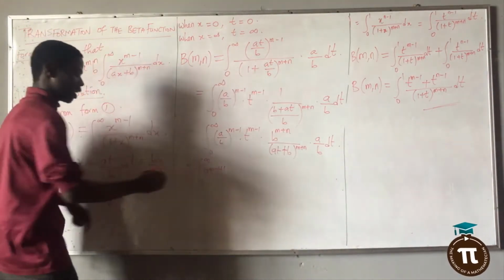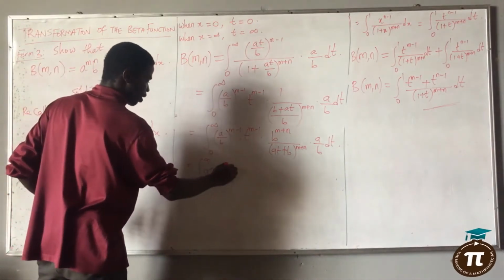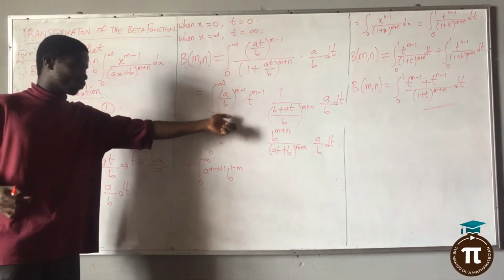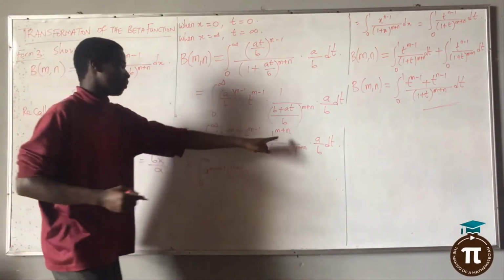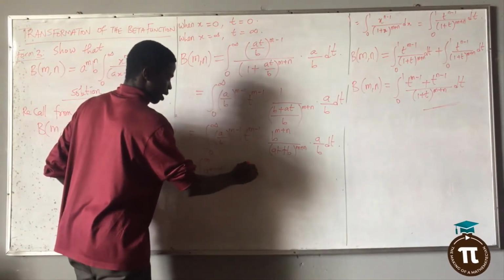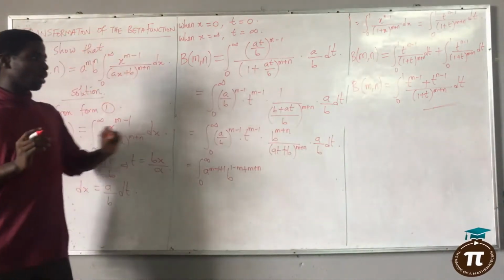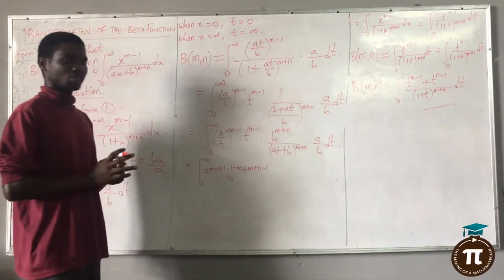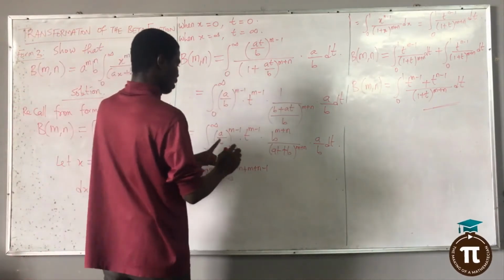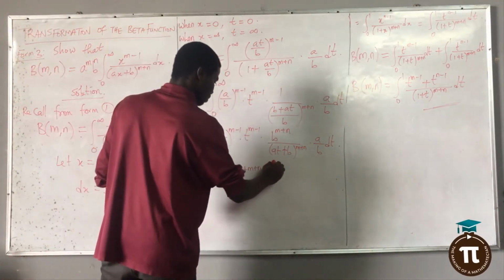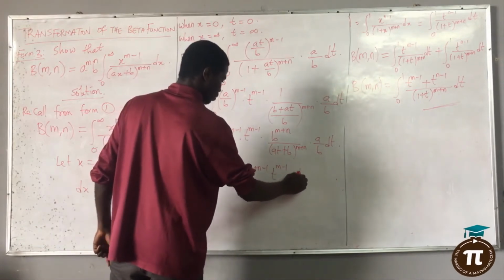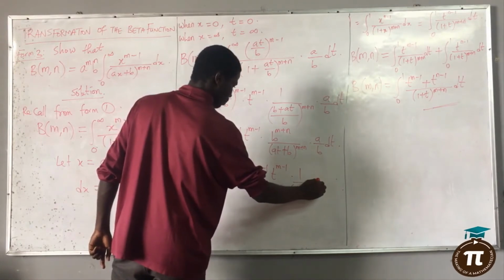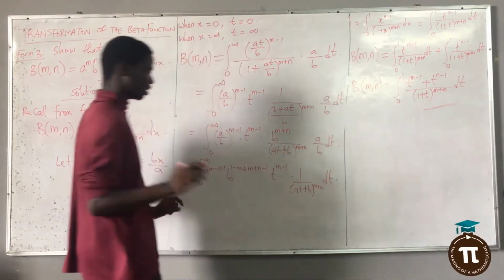Then for B, I have B raised to the power of 1 minus m, because this is B raised to the power of minus 1 raised to the power of m minus 1, which will give me 1 minus m. Multiply by B raised to the power of minus m plus n, then I have minus 1 dt. Then this one is still there, T raised to the power of m minus 1, then 1 over AT plus B raised to the power of m plus n dt.